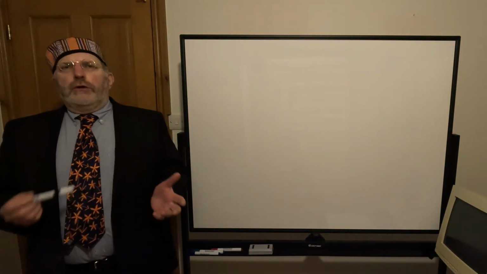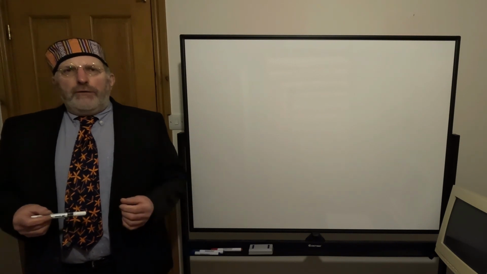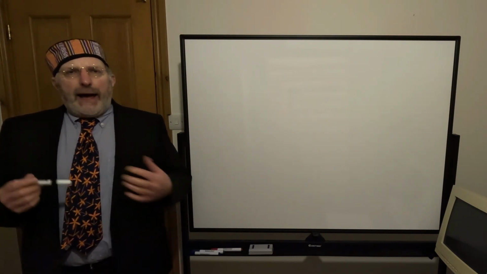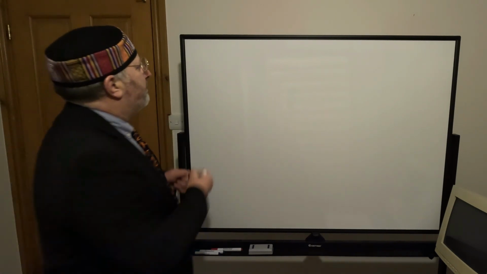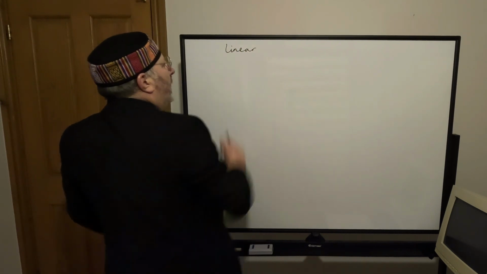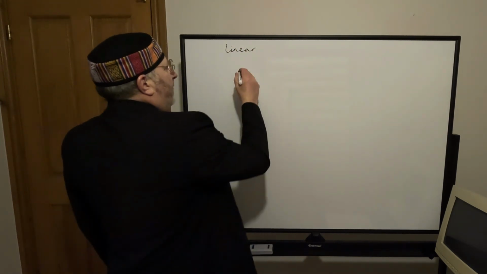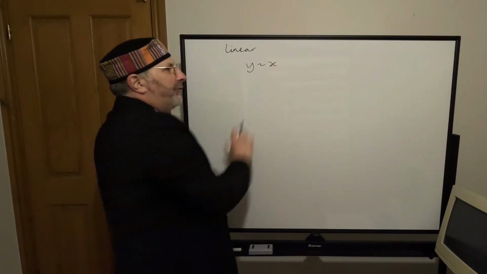So we're now going to look at two types of function and what their derivatives are. And the functions are linear and power law functions. So we'll start with linear. A linear function is when y depends upon x.